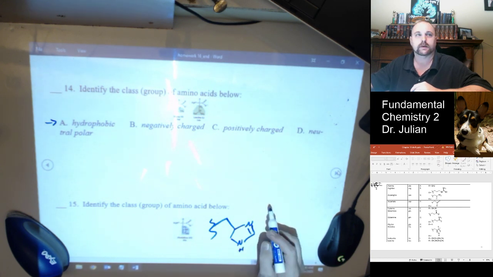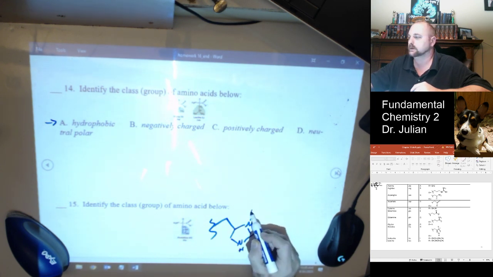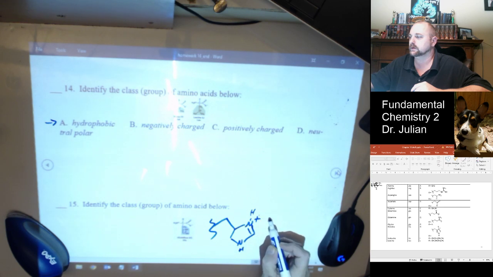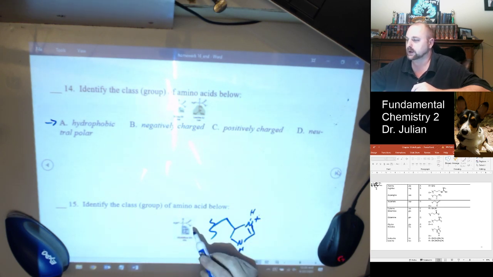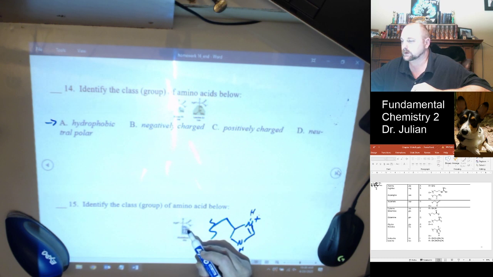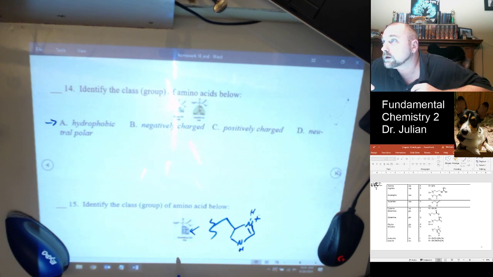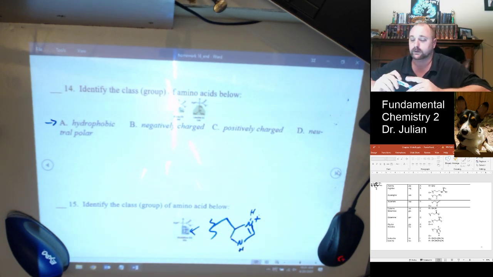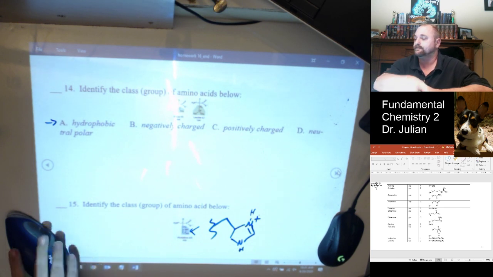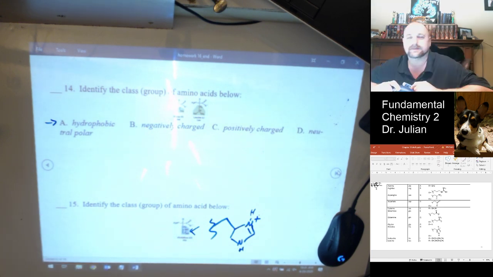And what's key about this is it has a plus charge. Now on this one, it's hard to see. It has a plus charge, and it should be showing a plus charge. Okay, I agree on the homework. That one's tough to see. They should have a plus charge. So that's histidine.